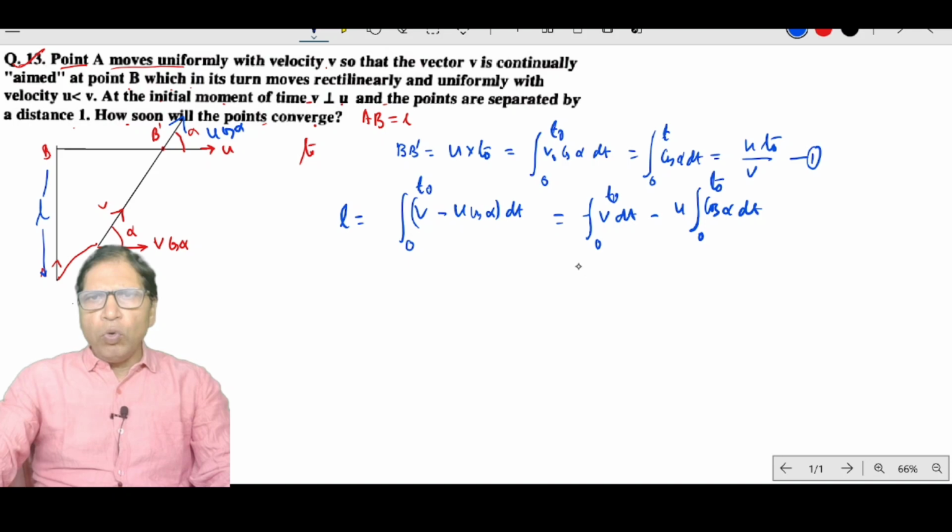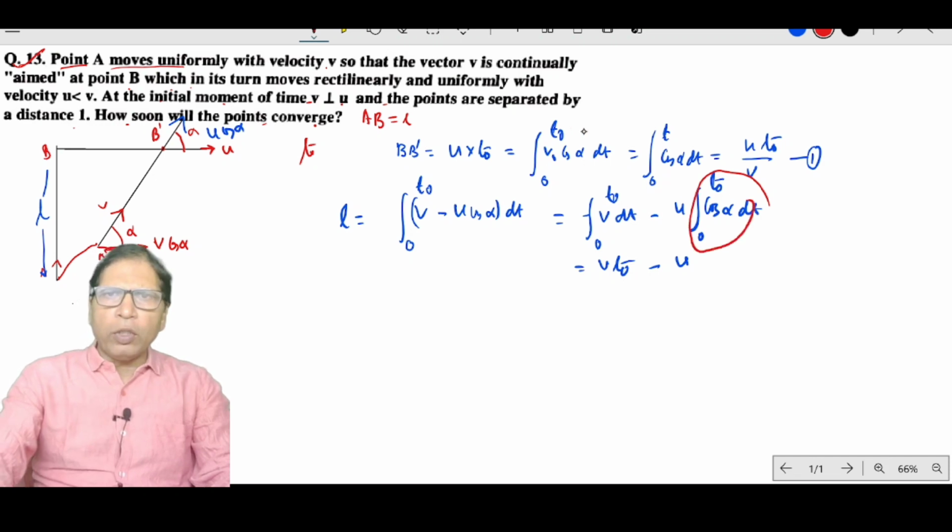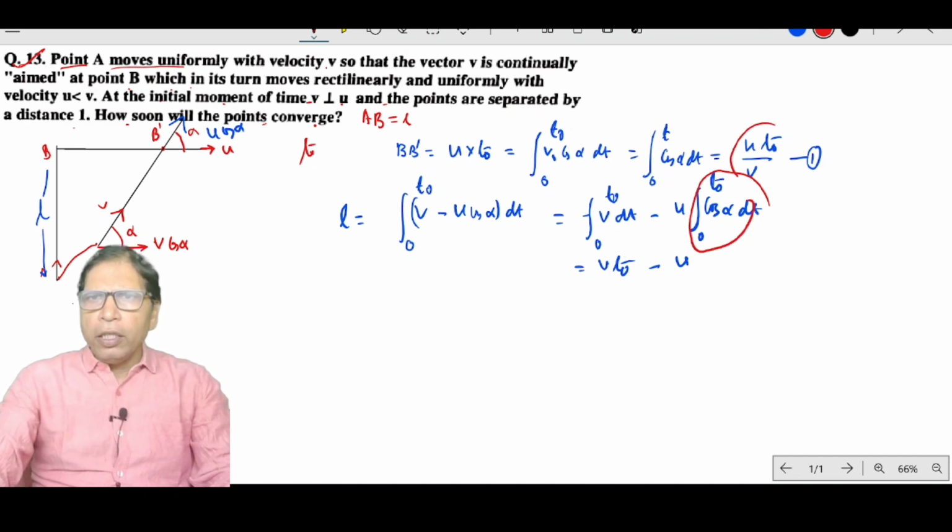So here it is v into t naught minus u, and the integral of cos alpha dt equals u t naught by v. So it is u t naught by v.